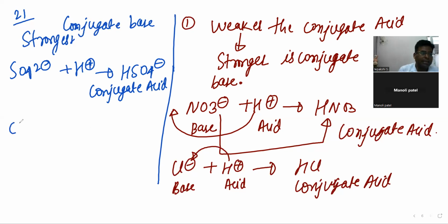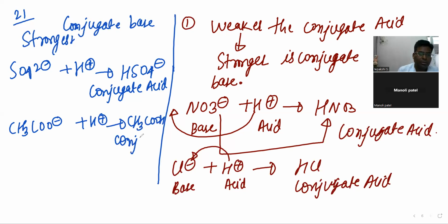Now see the acetate ion explanation. CH3COO minus reacts with H plus to form acetic acid, CH3COOH. This is your conjugate acid, right? So among the given conjugate acids, acetic acid is the weakest acid, right?